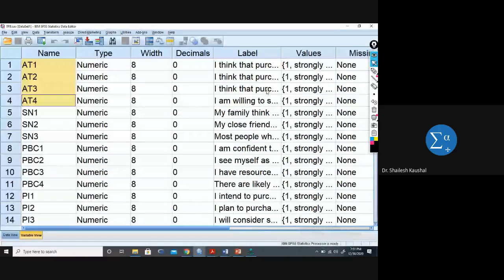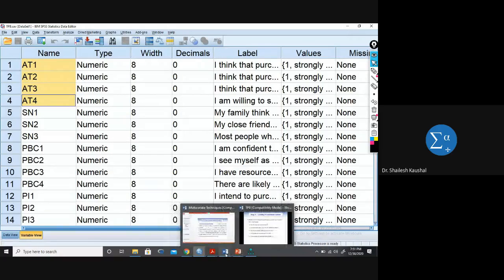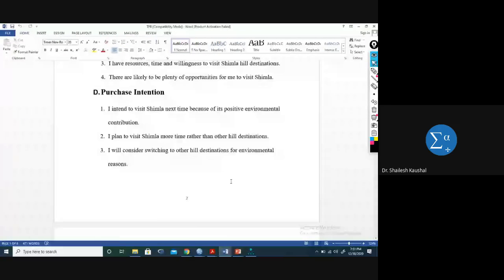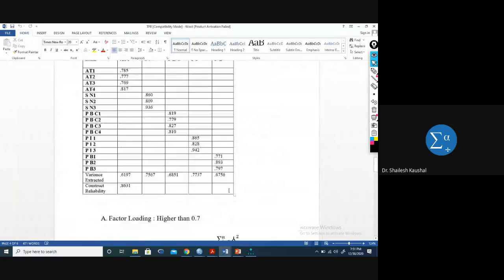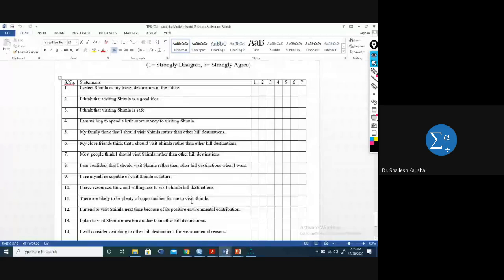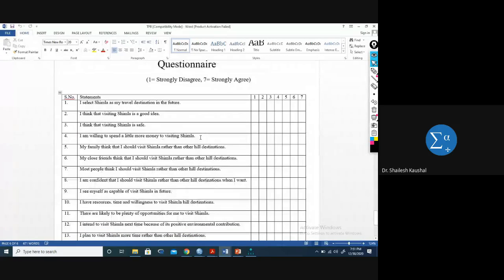Basically these are the questions. The first 4 questions are related to attitude. This is my first question, and the short form of this question is A1, then attitude 2, attitude 3.